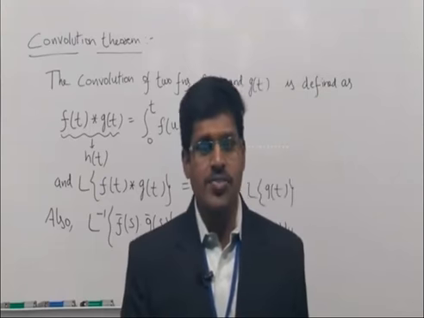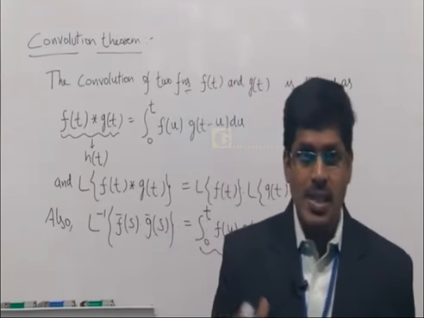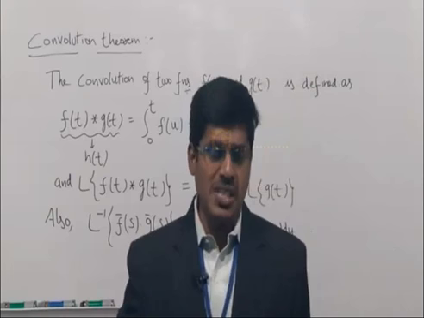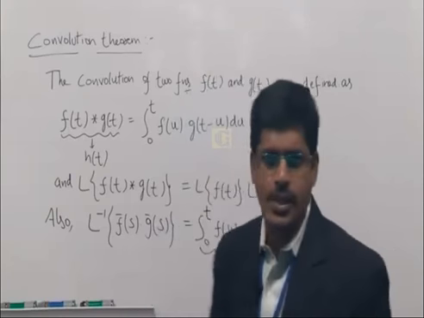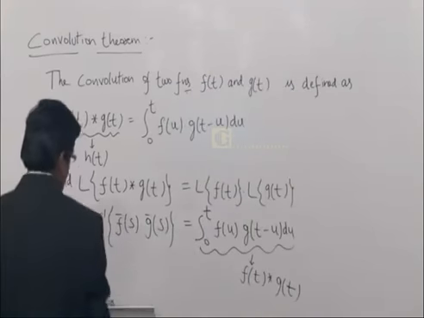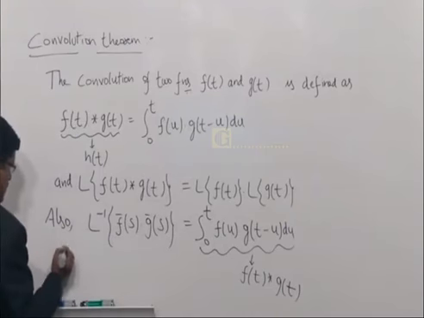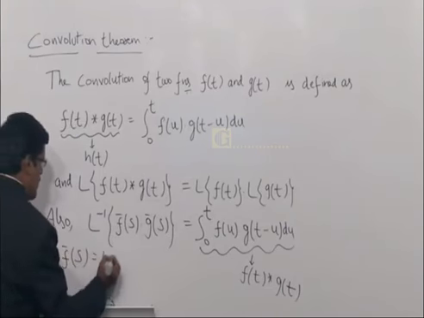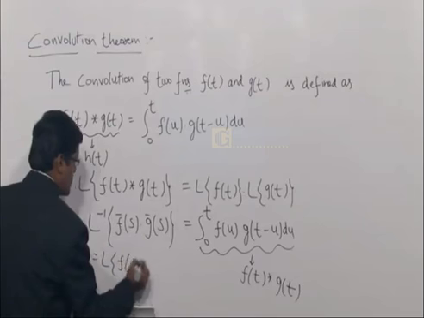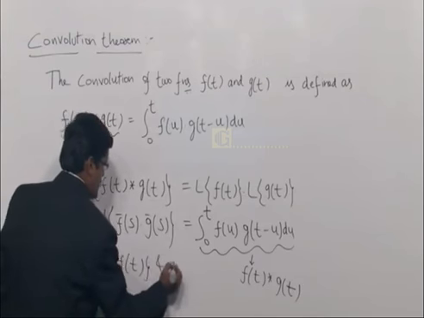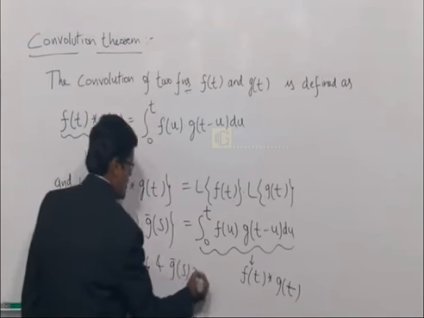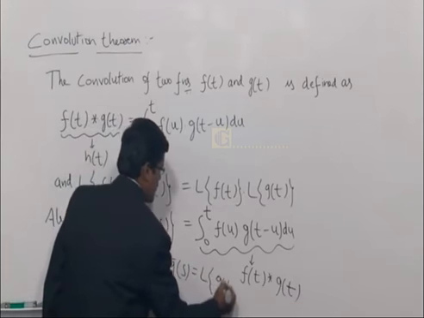The meaning of known functions of s is that they are the Laplace transforms of some functions f of t, g of t respectively. f bar s is nothing but L of f of t, and g bar s is nothing but L of g of t.